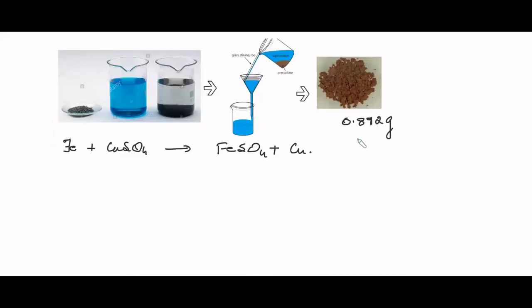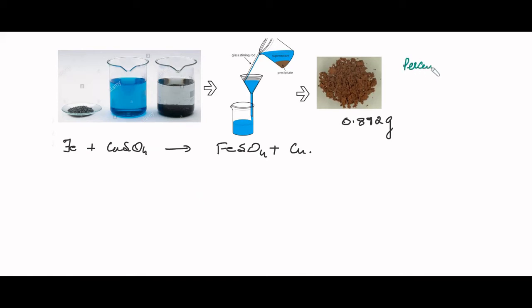So yeah, this is what I told. At the end of the experiment, after filtration and drying of the precipitate, we are getting 0.872 grams of copper. So we are asked to calculate the percentage yield. For that, we have to depend on the formula.